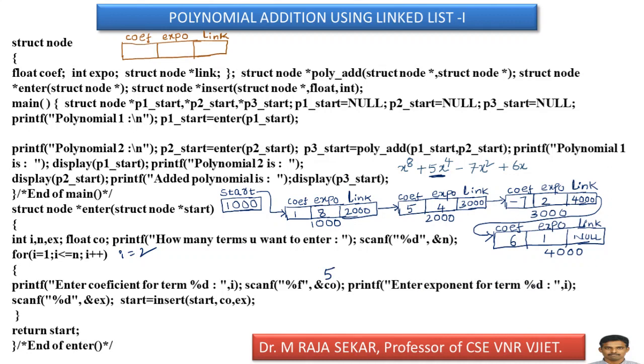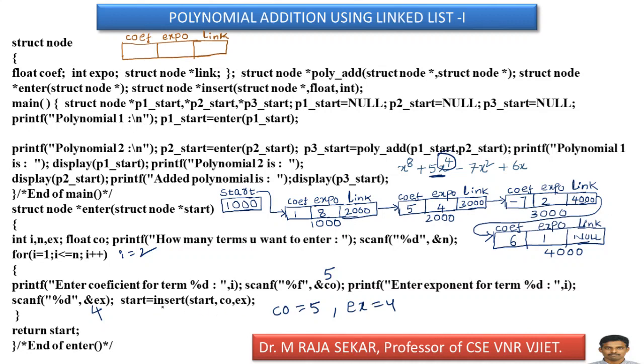Enter exponent for term 2. Term 2 exponent is 4. Therefore, this 4 I must write here. What is my CO value here? CO coefficient is 5. And what is my EX value? EX value is 4. As 5x power 4, 5 is coefficient CO, 4 is exponent.